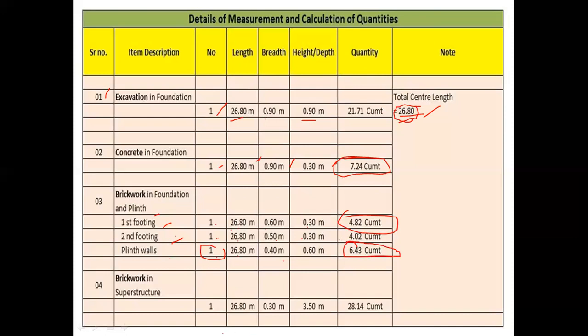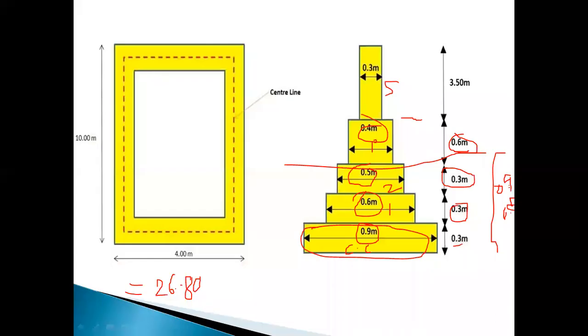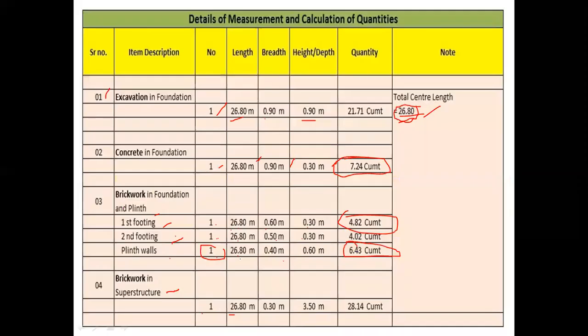And next, finally, brickwork in superstructure. This is the brickwork in superstructure. So number 1 and length is 26.80. This is the superstructure portion, and width is 0.3 meters and height is 3.5 meters.